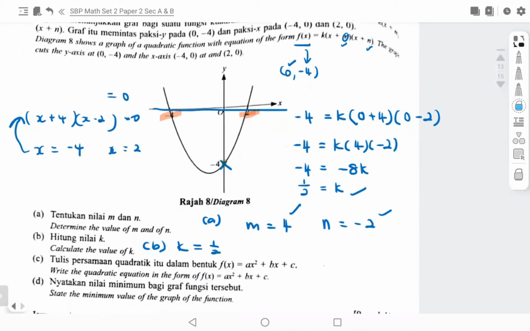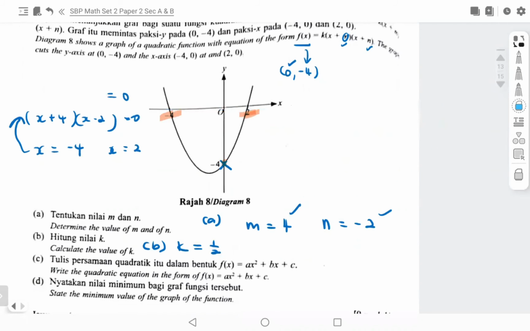Then you can expand and find back the quadratic equation. I erase this first so that we can see clearly.